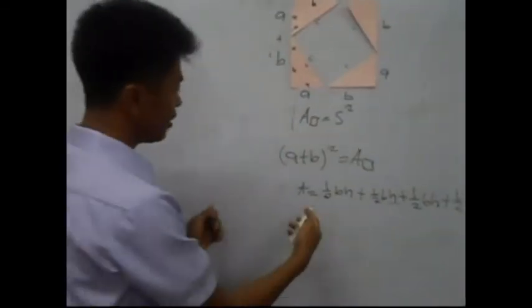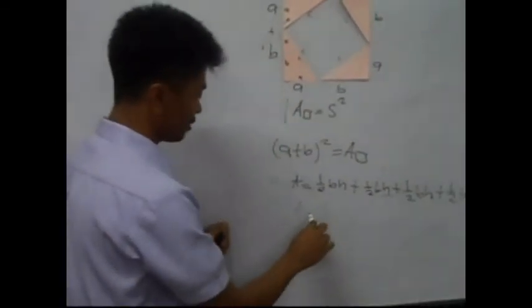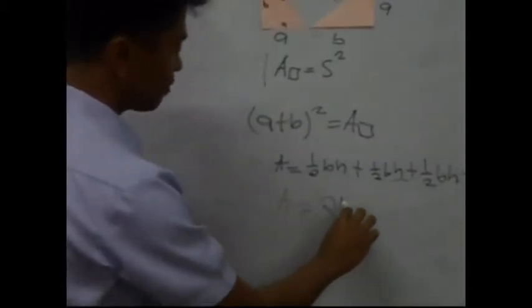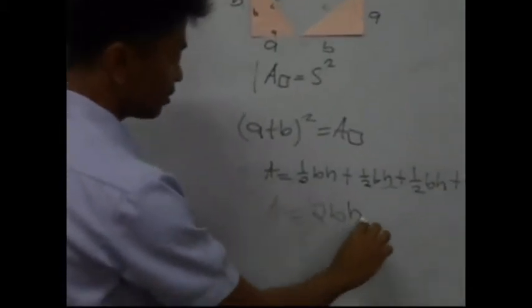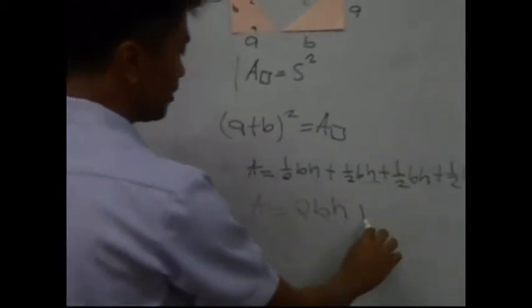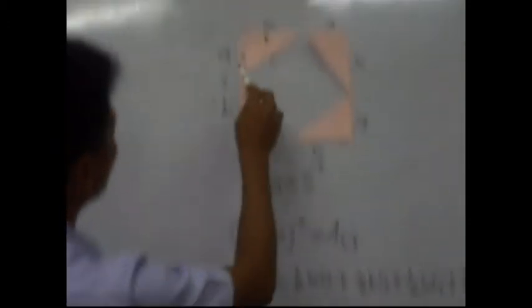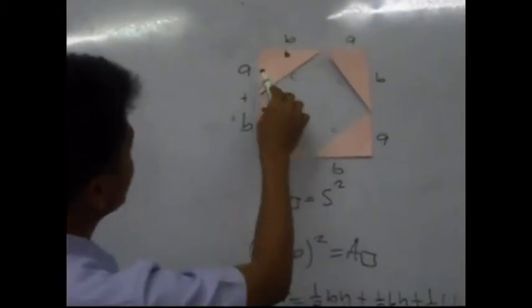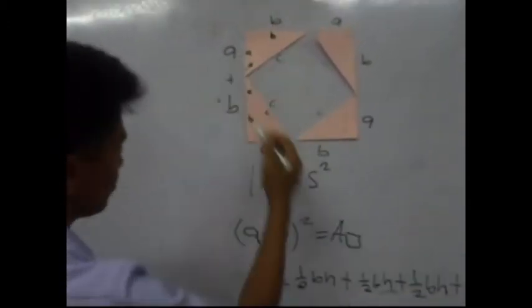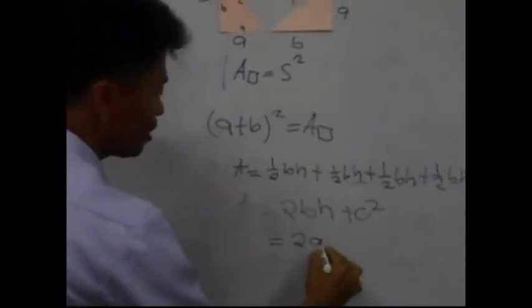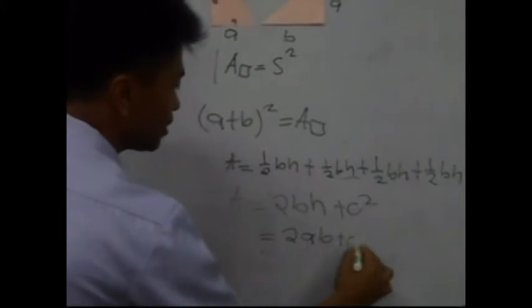So now the area is equal to 2 times b times h plus c squared. As we labeled, the base and height are a and b. So it is equal to 2ab plus c squared.